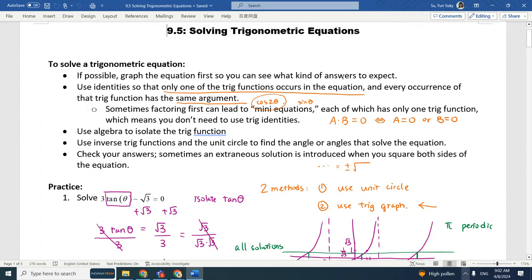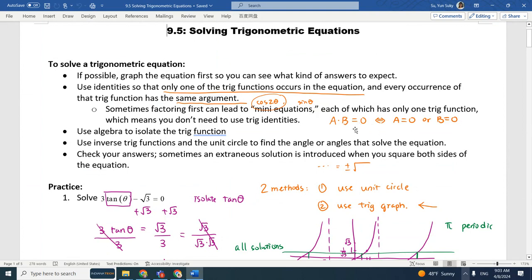If there is more than one, you try to see, can you move all the terms to one side and factor them? If yes, then you can have a lot of mini equations. You can set each factor equal to 0, and then solve for the trig functions.